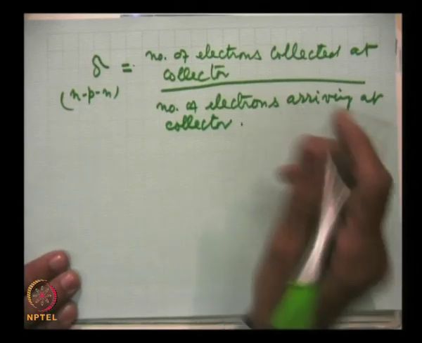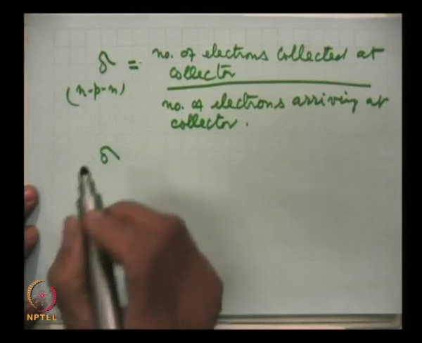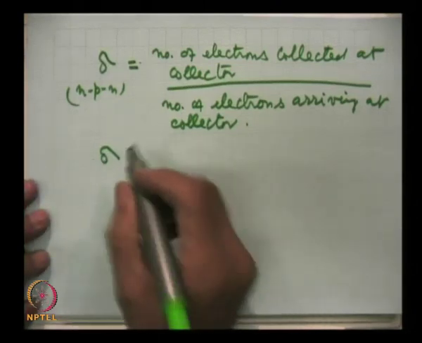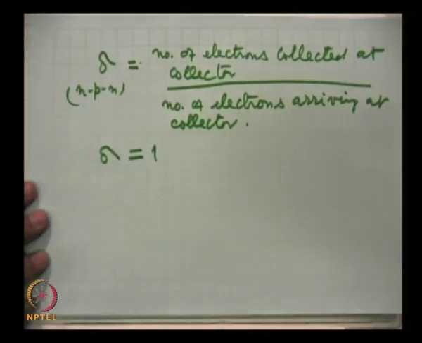In a well designed transistor, this collector efficiency is very close to 1, it is equal to 1.